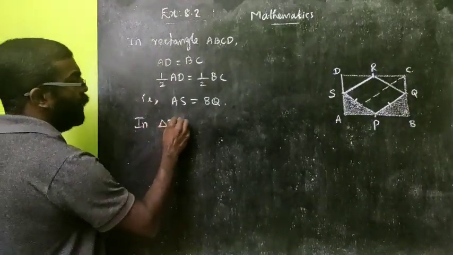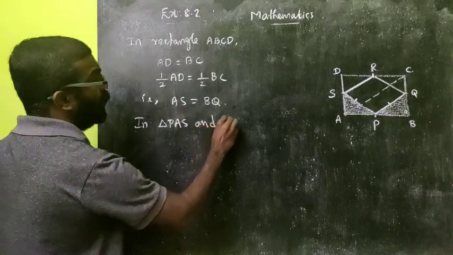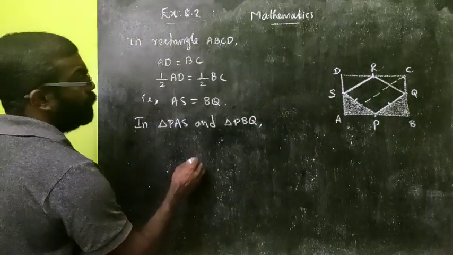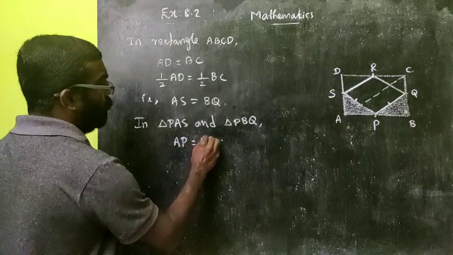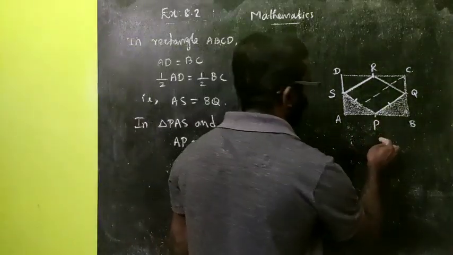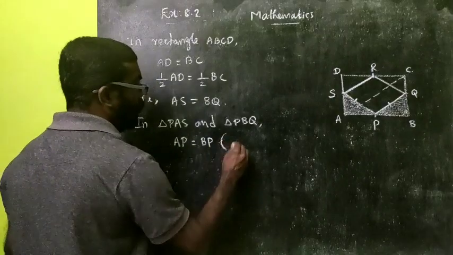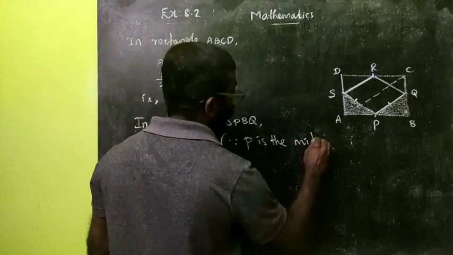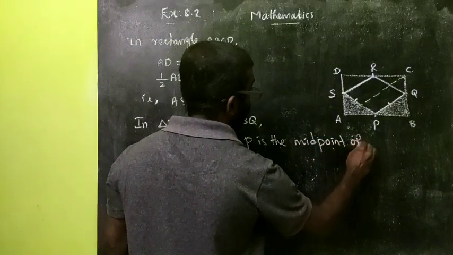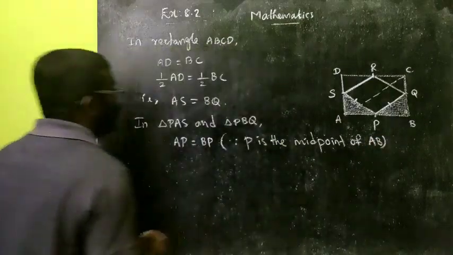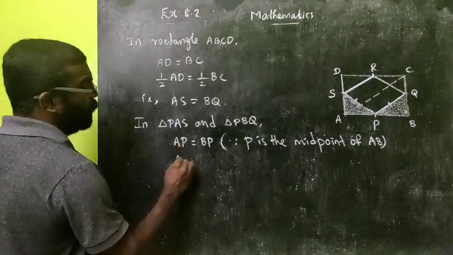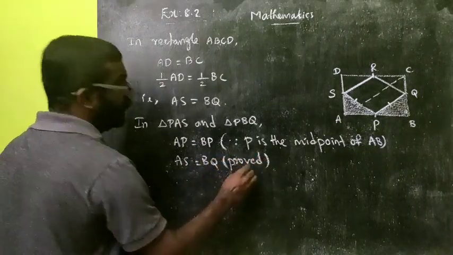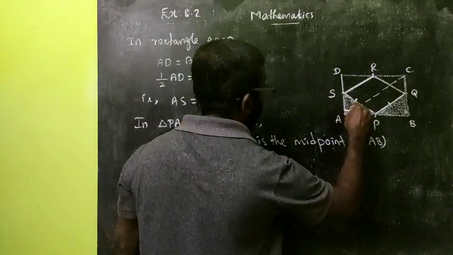Now in triangle PAS and the triangle PBQ, we are going to prove these two triangles are congruent. Okay. So first we can write AP is equal to BP, since P is the midpoint of AB, AP and PB are of equal length. And the next point is AS equal to BQ. That we have proved. And being a rectangle, all angles will be equal to 90 degree.